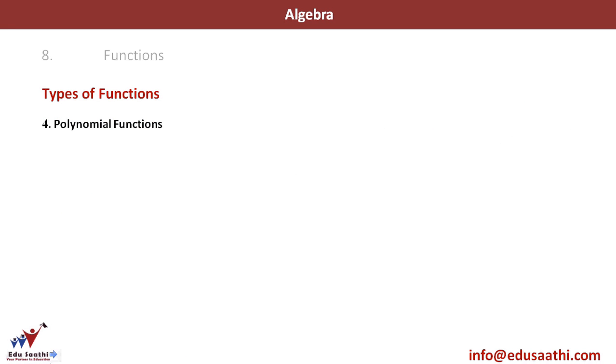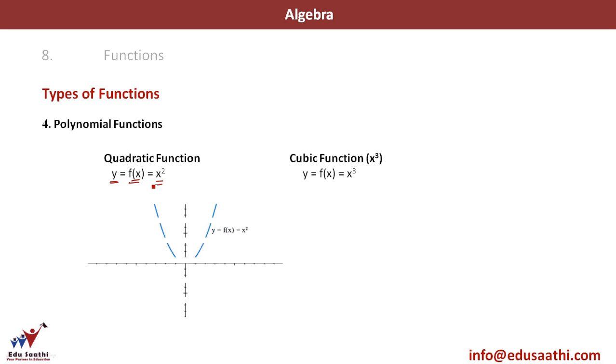So the next type of functions we'll be looking at is polynomial functions. Polynomial functions can be classified as quadratic, cubic, or higher degree functions. Let's look at quadratic first. So the general equation for a quadratic is y is equal to f(x) equals x squared. If I plot the graph, this is how the graph of a quadratic function looks like.